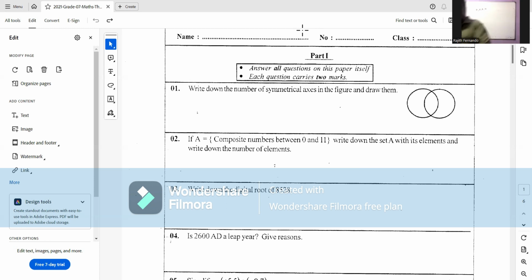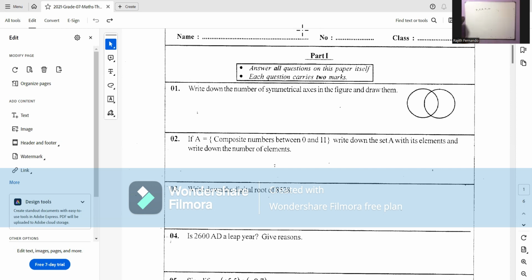Then they are asking between 0 and 11. 10 is also a composite number. Then 11 is a prime number, therefore we can't take 11 as a composite number. Also that is asking between 0 and 11.